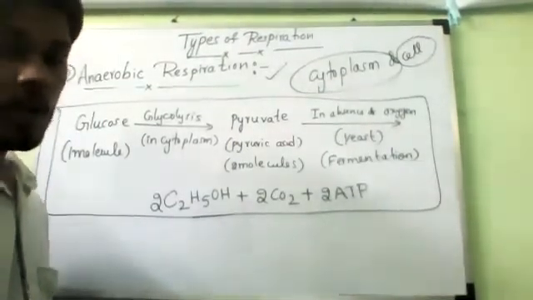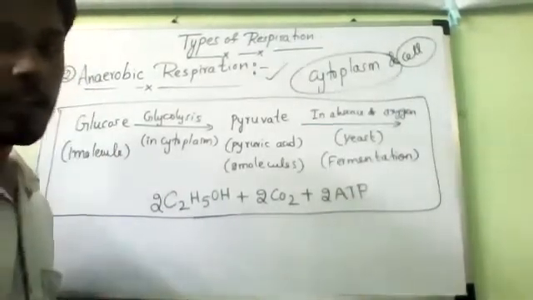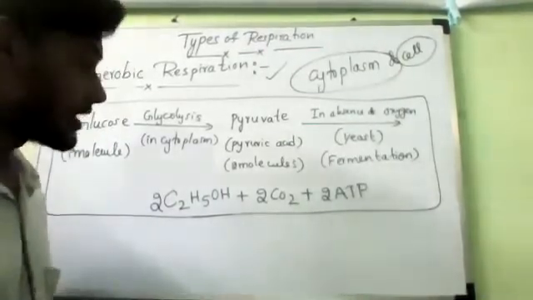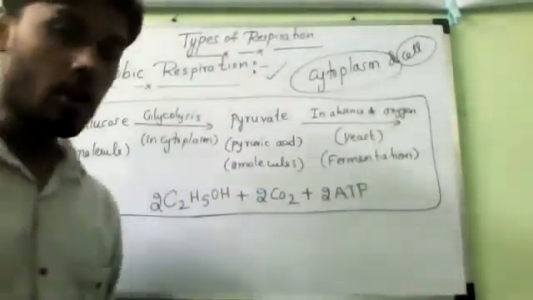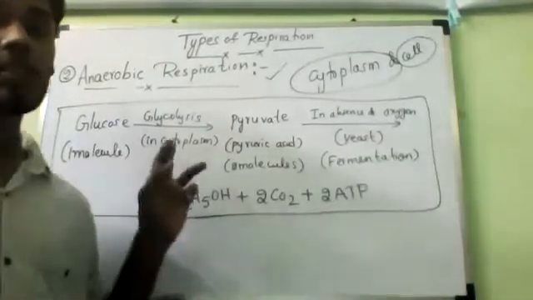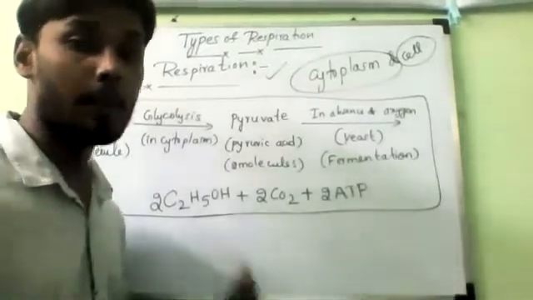Now let us discuss in more detail how this fermentation takes place, because fermentation is most important. Remember where this full process takes place. The example should also be remembered; the example is most important. What is the example?